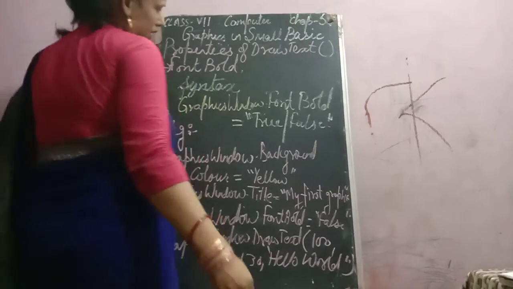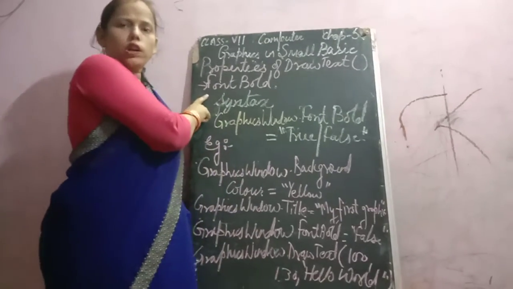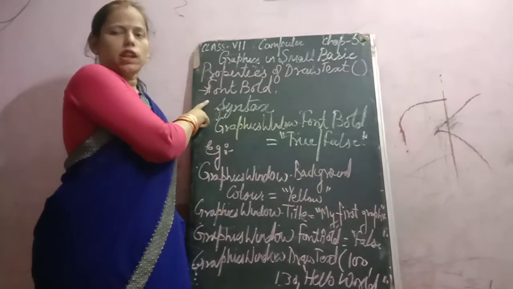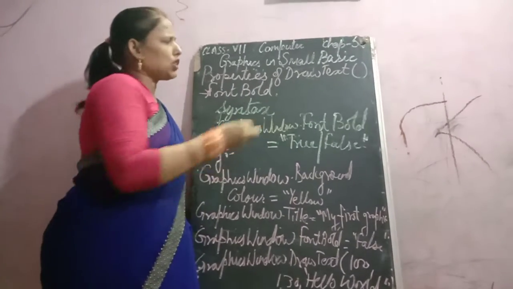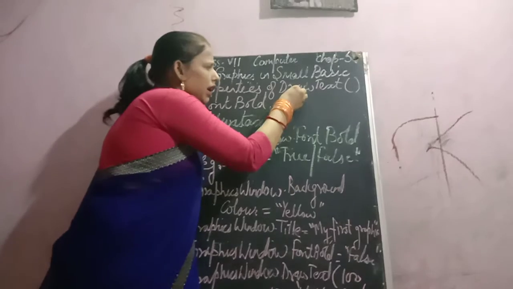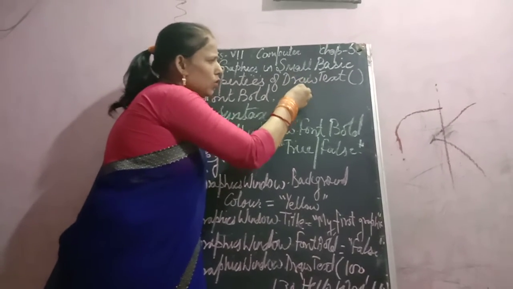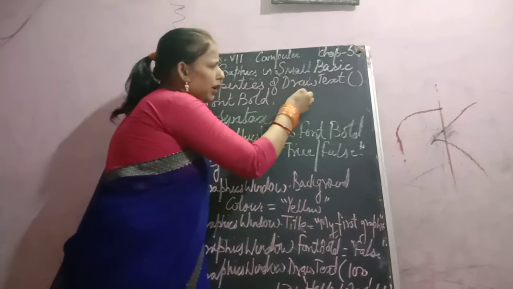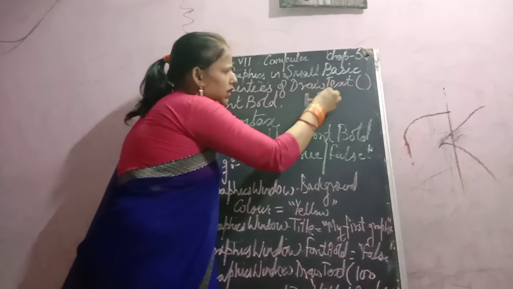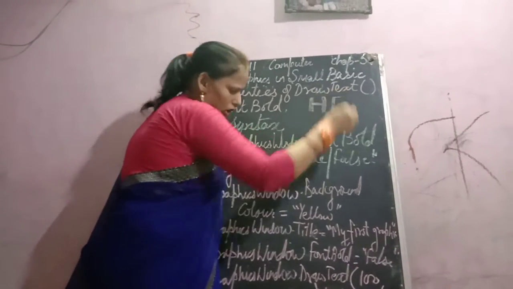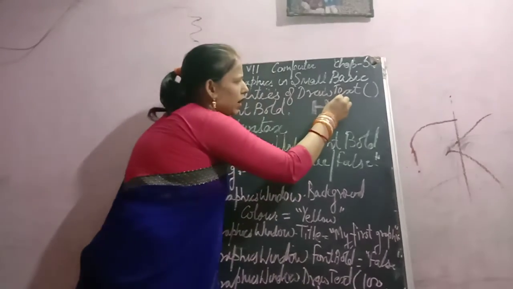Now, bold, we all are aware of this. If you are giving this command bold, the text will be thicker. It will be written in the thicker format. This is the bold.